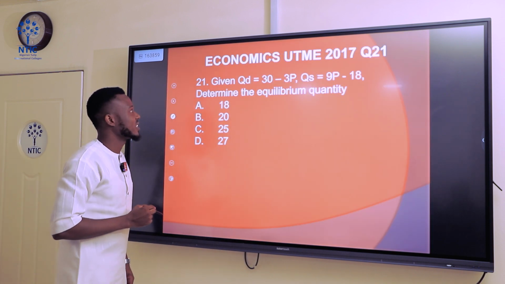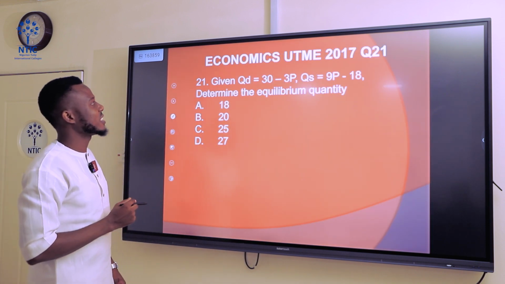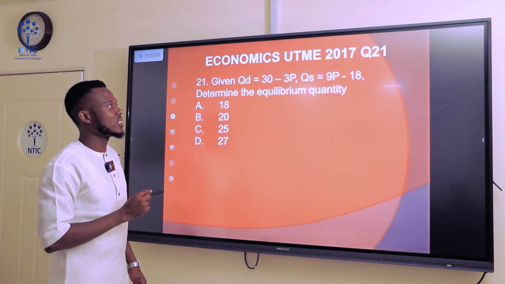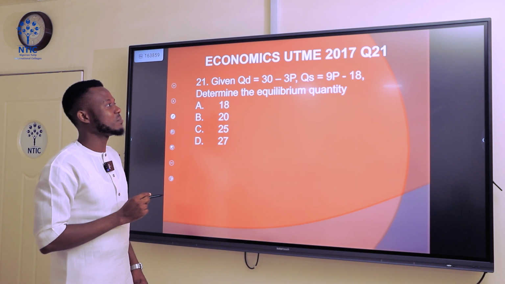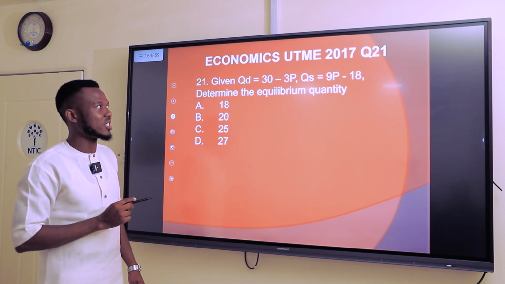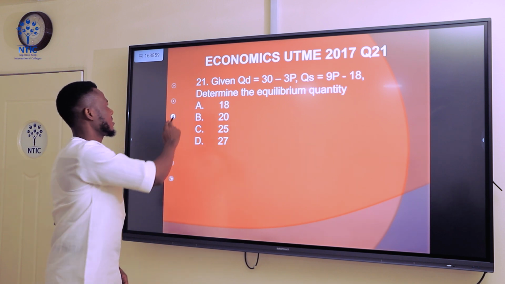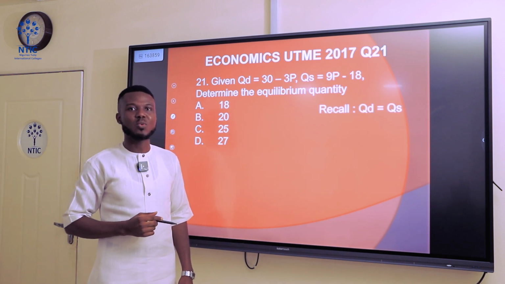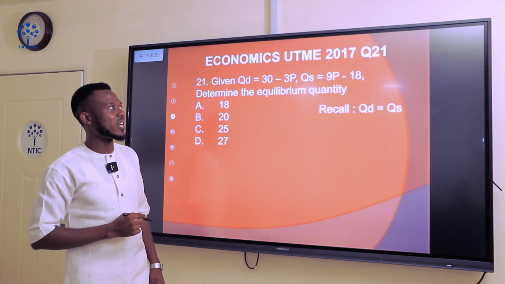Question 21. Given quantity demanded is equal to 30 minus 3p, while quantity supplied is equal to 9p minus 18, determine the equilibrium quantity. Recall that at equilibrium, quantity demanded is equal to quantity supplied.